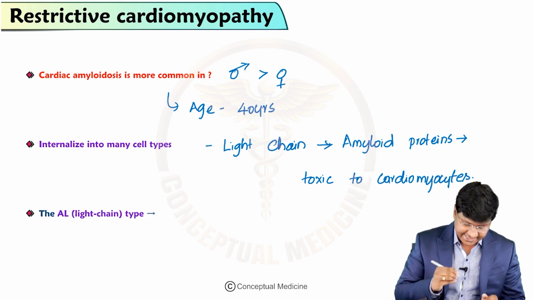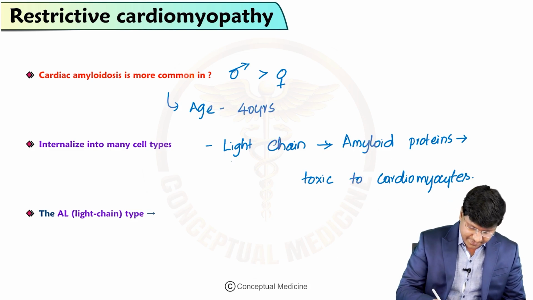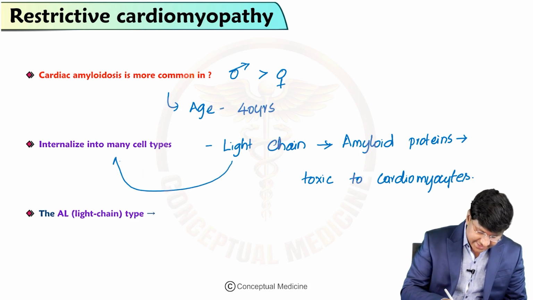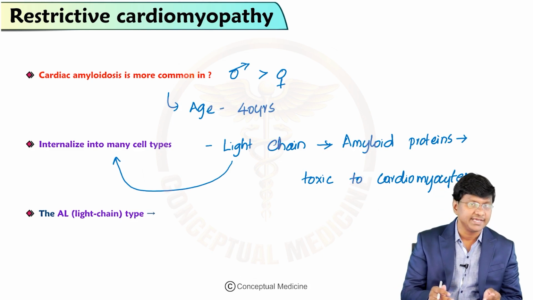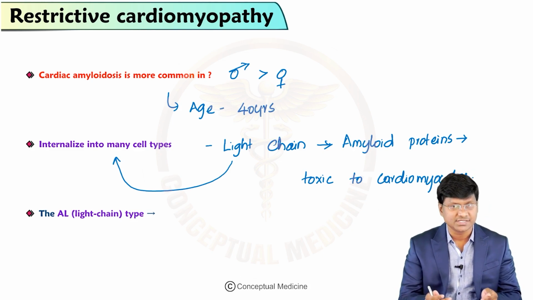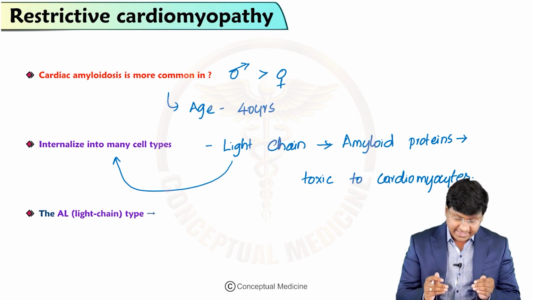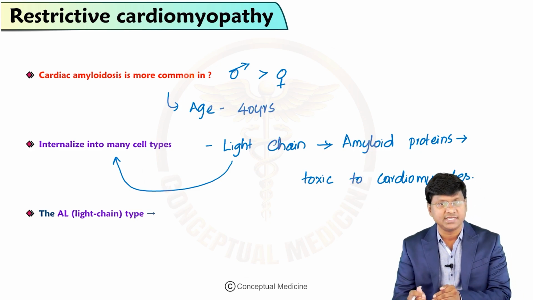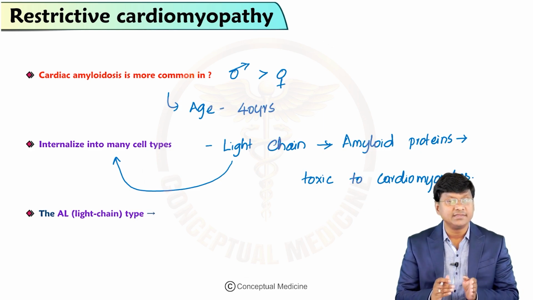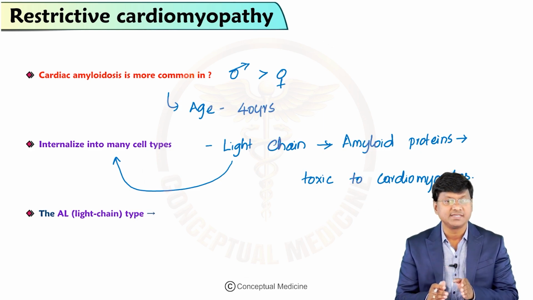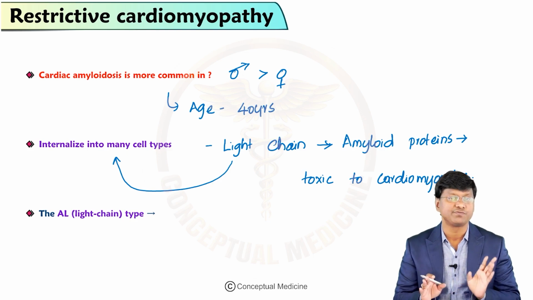And these light chains may also internalize into many cell types, and they will produce toxicity to the cardiomyocytes. This may explain some of the cardiac dysfunction.